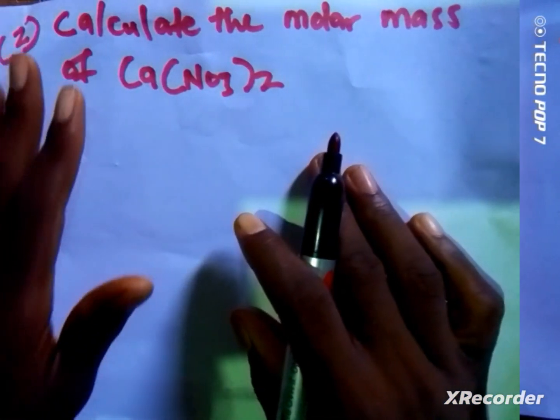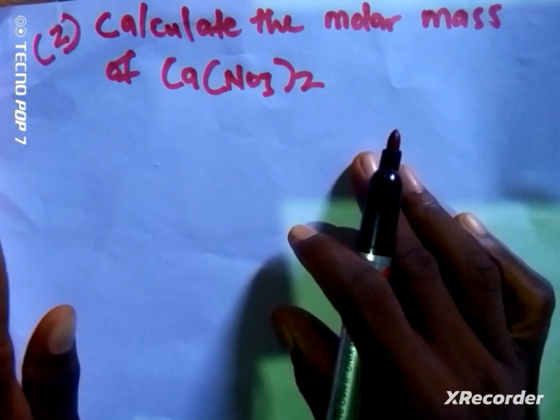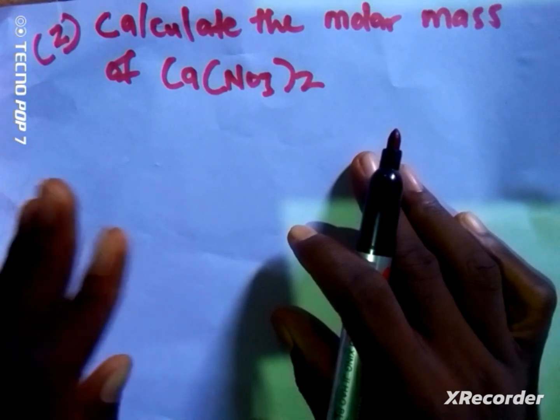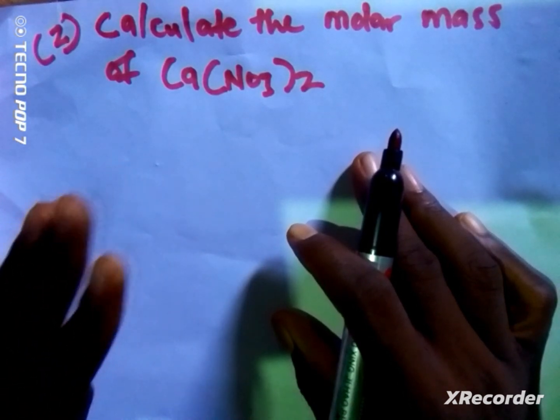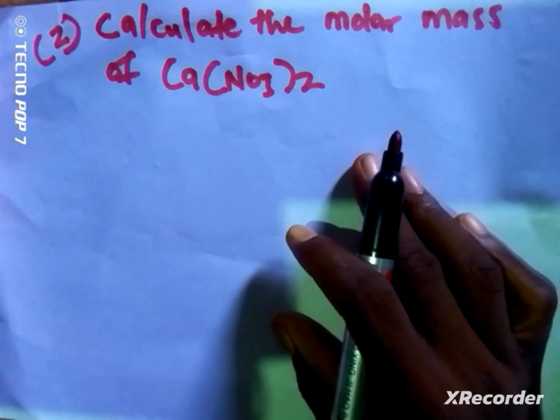Then, okay, so problem number 2, we are going to calculate the molar mass of calcium nitrate. 3 major steps are involved. Number 1, you have to know the atomic mass of each element within the compound.